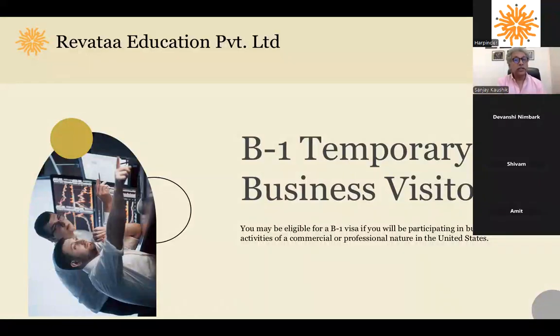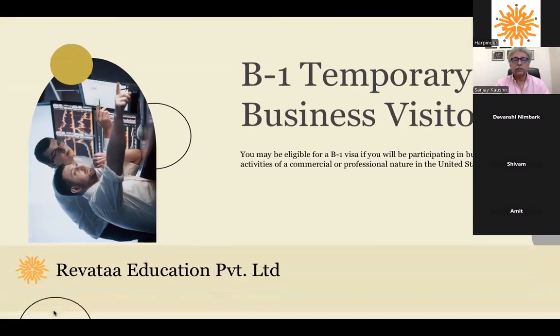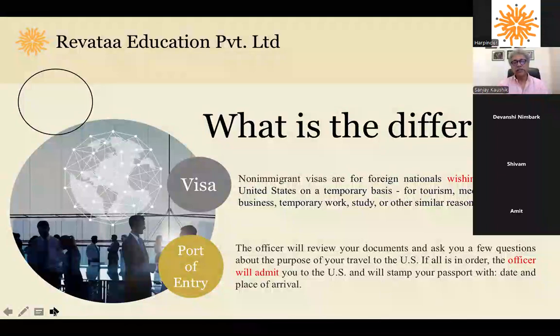Though once you get your visa, you may get a B1, B2, but the visa that you select for the purpose should be a B1 because you're going in for a purpose, right? So what is the difference? Like I said, the non-immigrant visa, who's applying and going to the US on a temporary basis for either tourism or medical treatment or business, is called a non-immigrant visa.